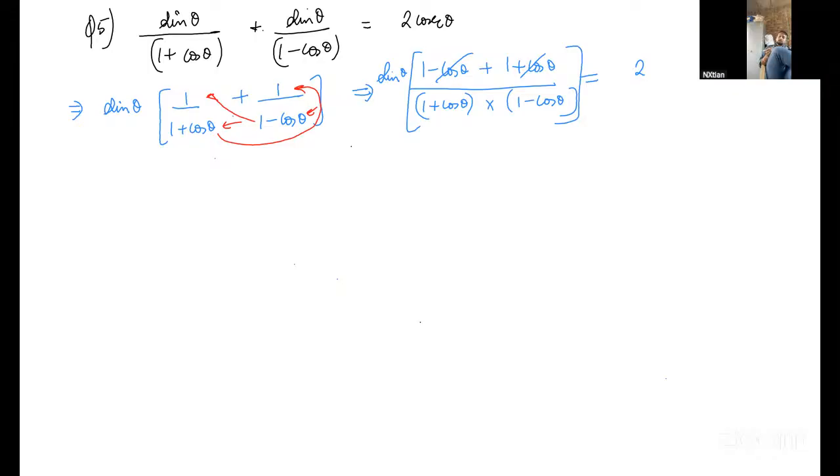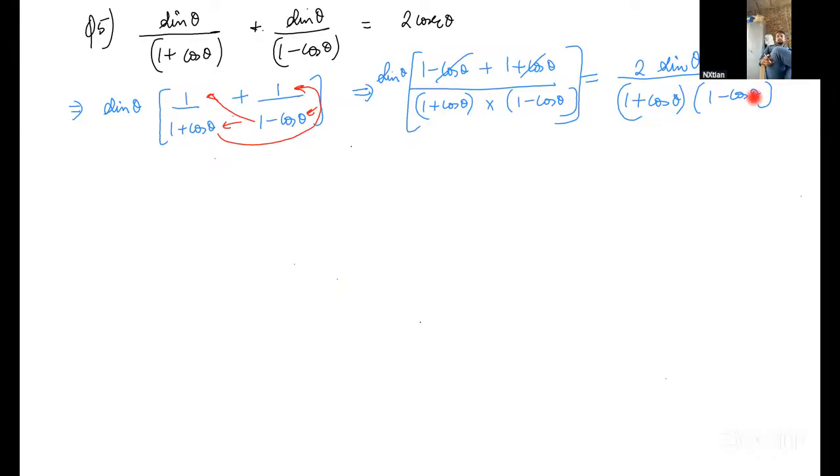Okay. So now it is 2 sine theta upon (1 plus cos theta) into (1 minus cos theta). Now just see, the denominator is in the form of a plus b, a minus b, like 1 plus cos theta, 1 minus cos theta.